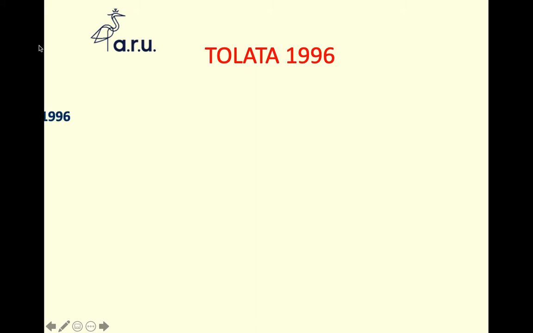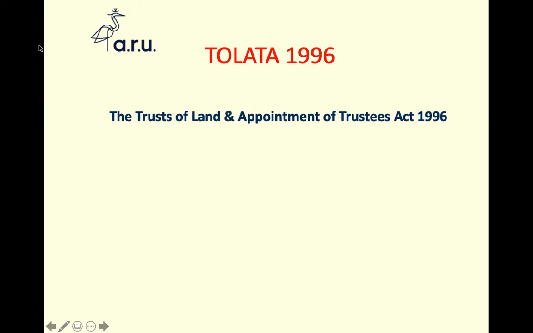So, the Trusts of Land and Appointment of Trustees Act is a very long title, but effectively it is quite simplistic in that it's not solely for us something we are going to investigate in terms of how to appoint a trustee.